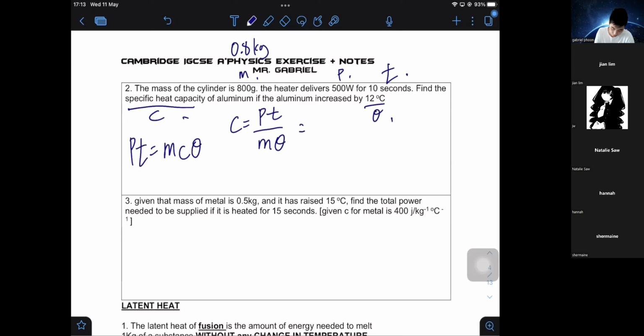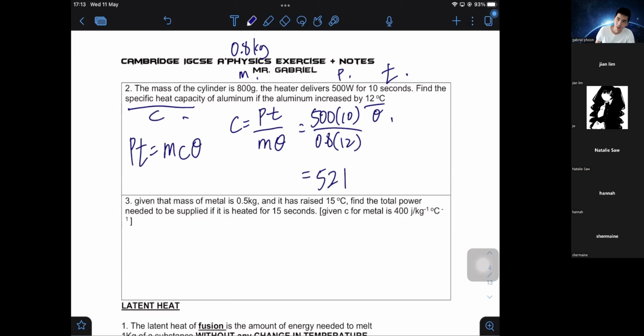In this scenario here, just substituting everything in, 500 multiplied by 10 divided by 0.8 divided by 12 here, right? Press everything into the calculator and you'll get somewhere around 521.